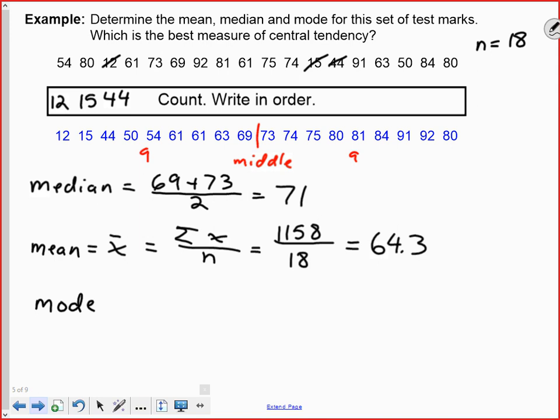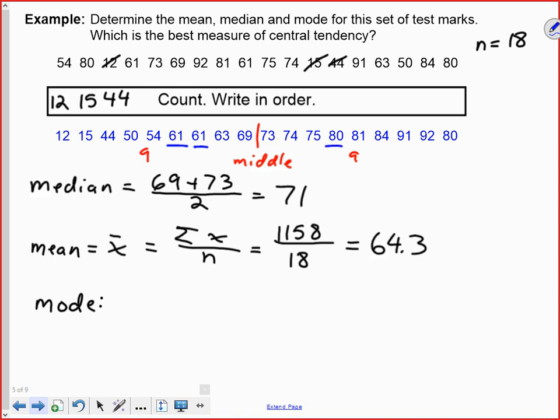For the mode, once these are written in order, it becomes pretty easy to see how often each number occurs in my list. So I'm looking for numbers here that occur more than once. So let's see. We've got 61 and 61. Are there any other numbers that occur more than once in this list?